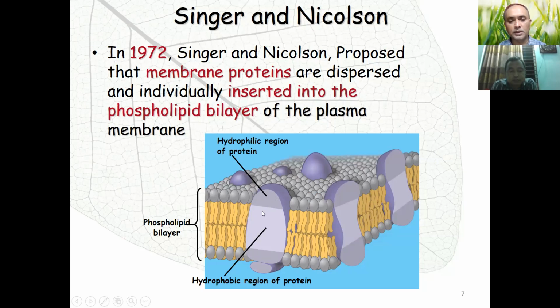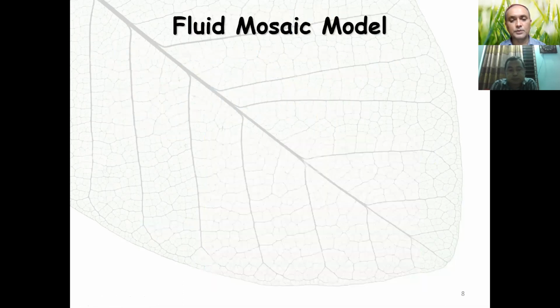These proteins are the receptors or the molecules involved in communication of the cells with the environment. So cells can crosstalk with each other in multicellular organisms.